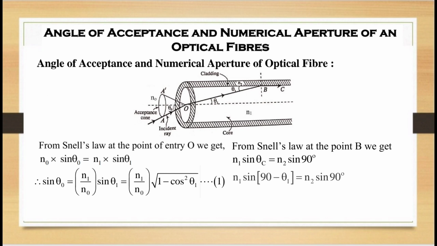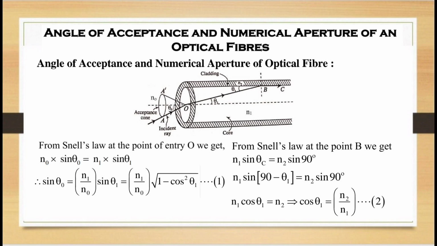That is, n1 into sin of θc, where critical angle equals 90 minus θ1 in the diagram. Therefore, n1 into sin of 90 minus θ1 equals n2 sin 90 degree, that is, n1 into cos θ1 equals n2. Therefore cos θ1 equals n2 by n1. Take it as equation 2.